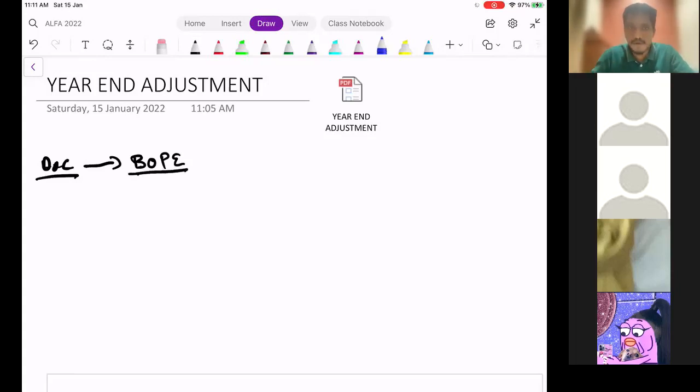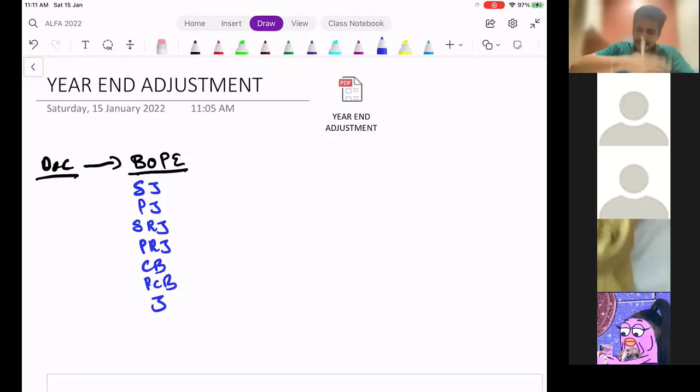There are 7 books of prime entry: sales journal, purchases journal, sales return journal, purchases return journal, cash book, petty cash book, and also the journal. All the records in a book of prime entry will be transferred to the ledger.